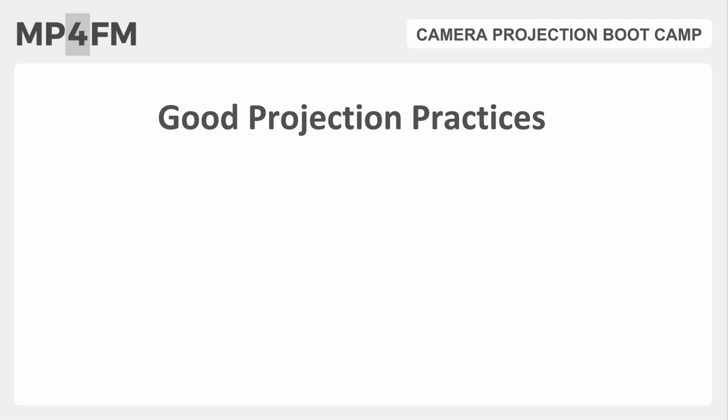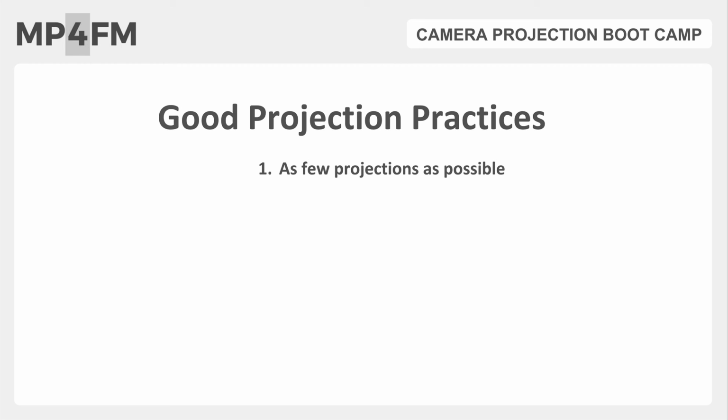Let's wrap up this lecture with a quick word about good projection practices. It is your goal as a matte painter to do things as quickly and as efficiently as possible. And when you're working with projections, it's really easy to get really complex very quickly. So you want to keep things as simple as possible. And the way that you do that is that you have as few projections as possible.